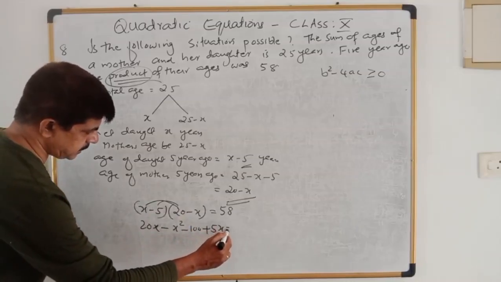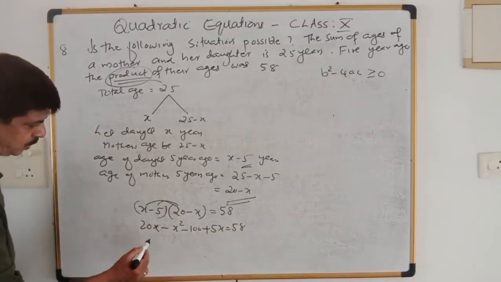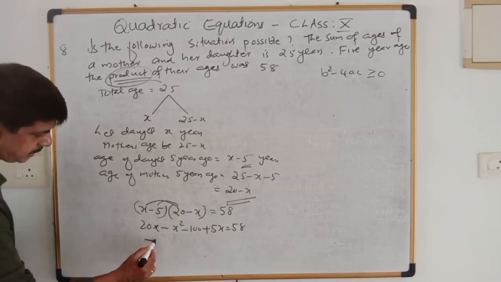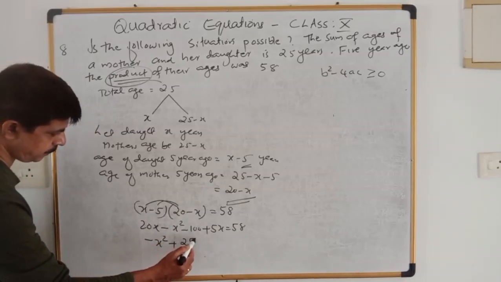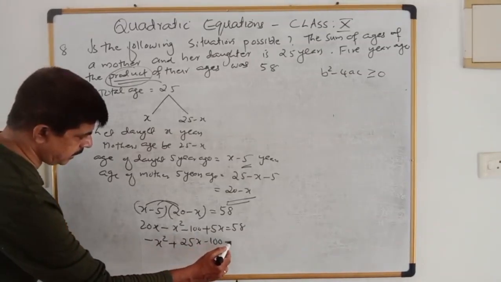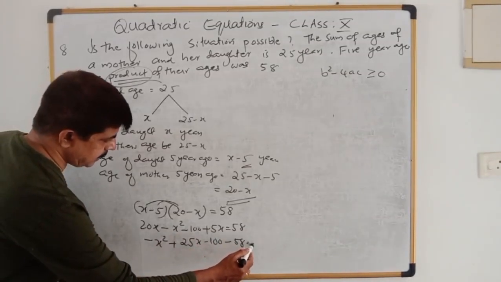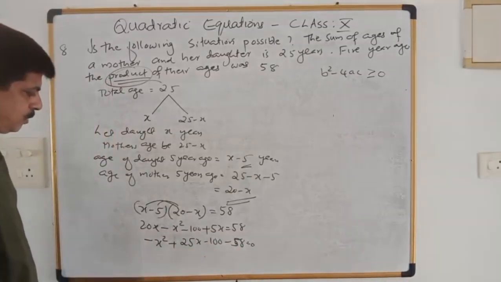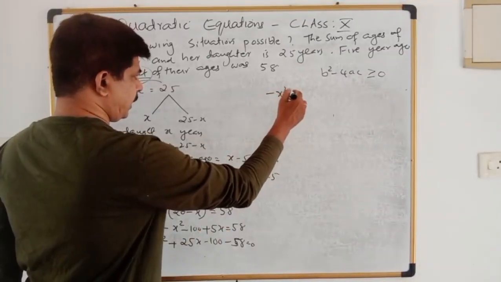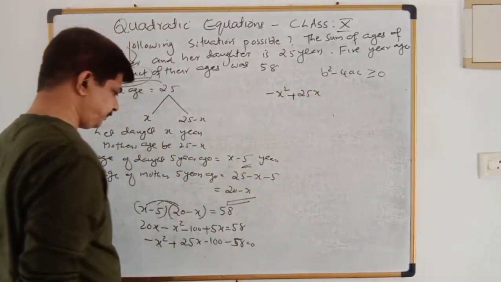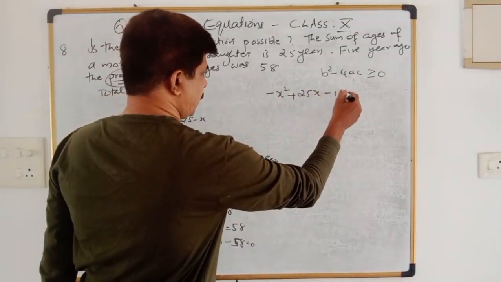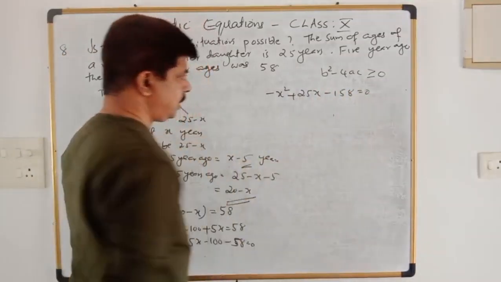Like terms can be simplified: 25x minus 100 minus 58 is equal to 0. So we got the equation minus x square plus 25x minus 158 is equal to 0.